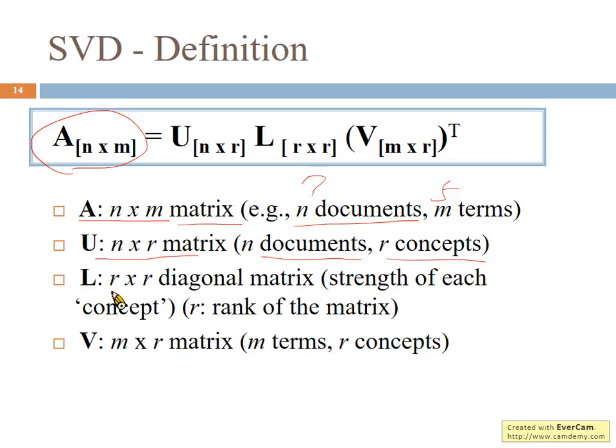The L is an r by r diagonal matrix, which means the strength of each concept. And usually r is the rank of the matrix. And V is an m by r matrix. That means the relationship between the m terms and the r concepts. And we want to decompose the matrix A into U, L, V transpose.